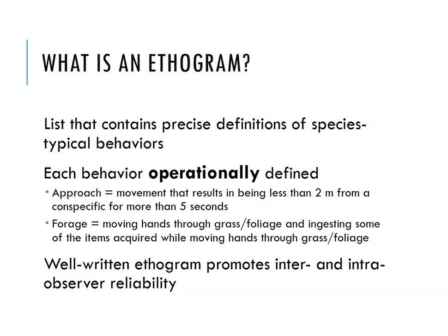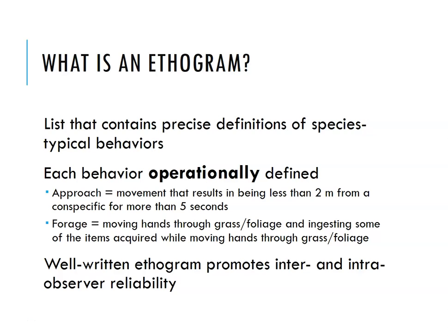And so you can look for these throughout the literature, or you may want to come up with your own definitions for the behaviors that you're watching. What's important is that each behavior is operationally defined. You are giving concrete definitions of what a behavior is.